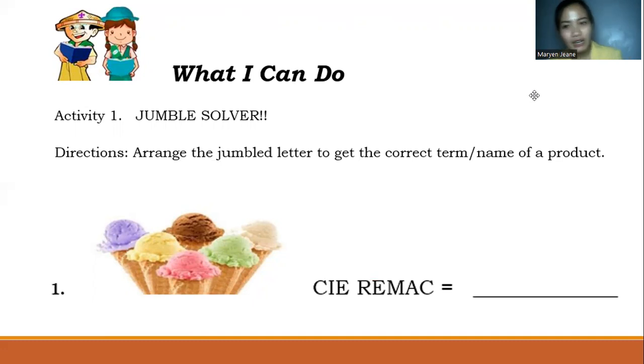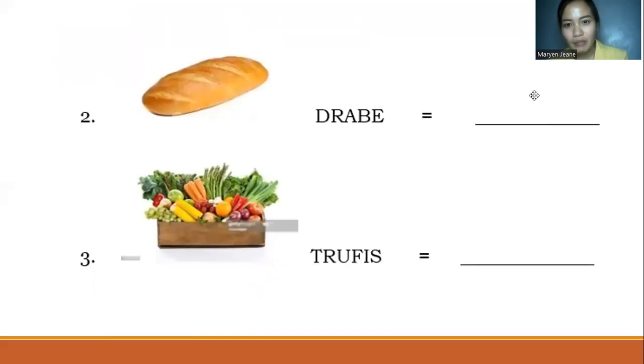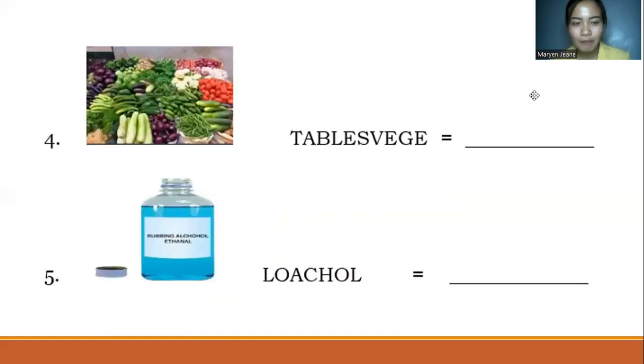For number 1, that is the picture and the jumbled letters. Number 2, yes. Number 3, this is very easy for you. I hope you will write the correct spelling, so be very careful in writing. Number 4 and also number 5. Again, please write the correct spelling.